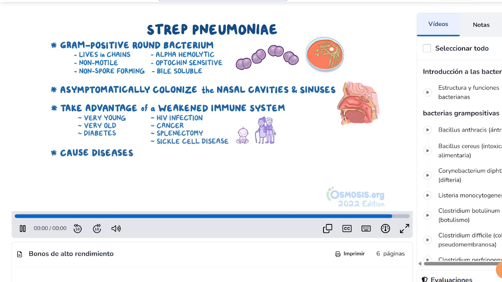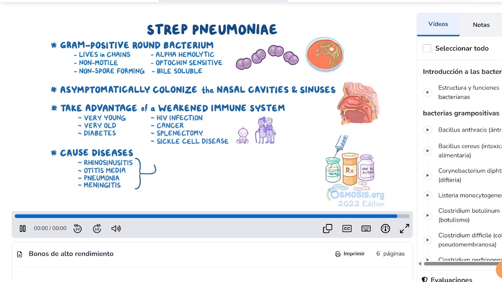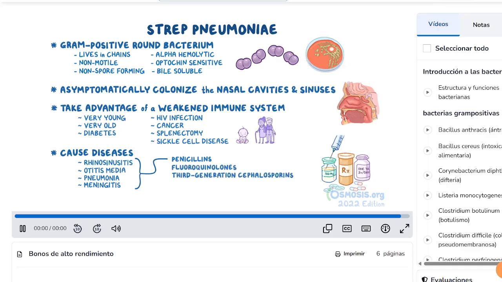They cause diseases such as rhinosinusitis, otitis media, pneumonia, and meningitis. The treatment of infection with strep pneumoniae involves the use of penicillins, but in the case of resistant strains, fluoroquinolones, third-generation cephalosporins, and vancomycin can be used.